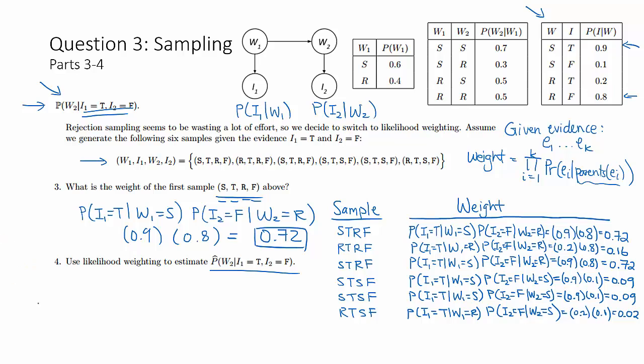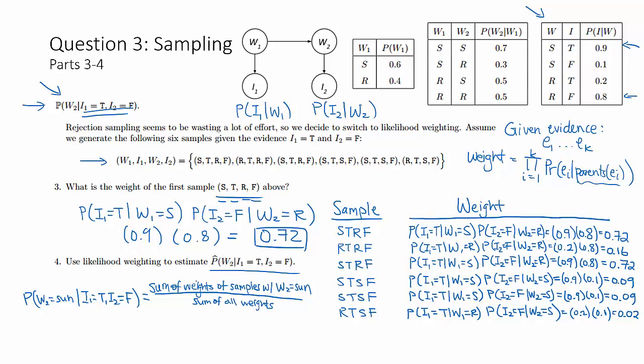Now let's see how to calculate P of W2 equals sun, given that I1 equals T and I2 equals F. So this value is going to be equal to the sum of all weights of the samples where W2 equals sun divided by the total sum of all weights. Let's write this down here.